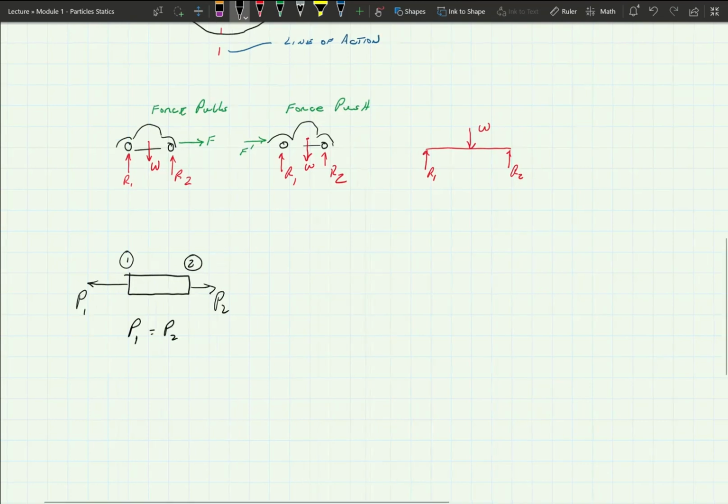Because of that, I can also use the same logic as above and put P1 there and put P2 there. This is point 1 and that's point 2. It doesn't matter whatsoever, and I can move that around anywhere I want on that line.